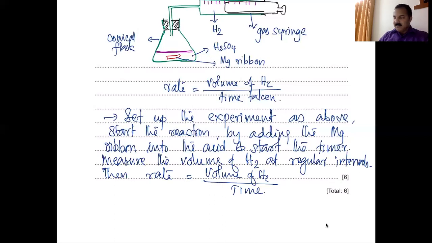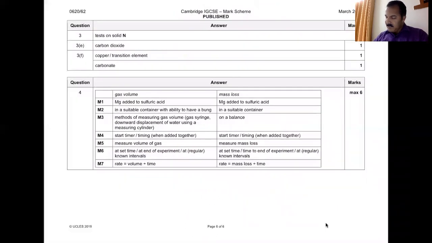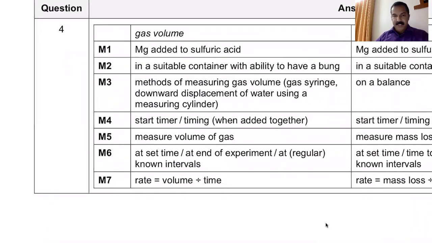Let us see the mark scheme and how many marks we scored for this. The mark scheme says, magnesium added to sulfuric acid. It's very clear, and it is definitely needed, the mixing of reagents. In all the planning experiments, they always give credit for that. You need to say that the reagents are mixed.